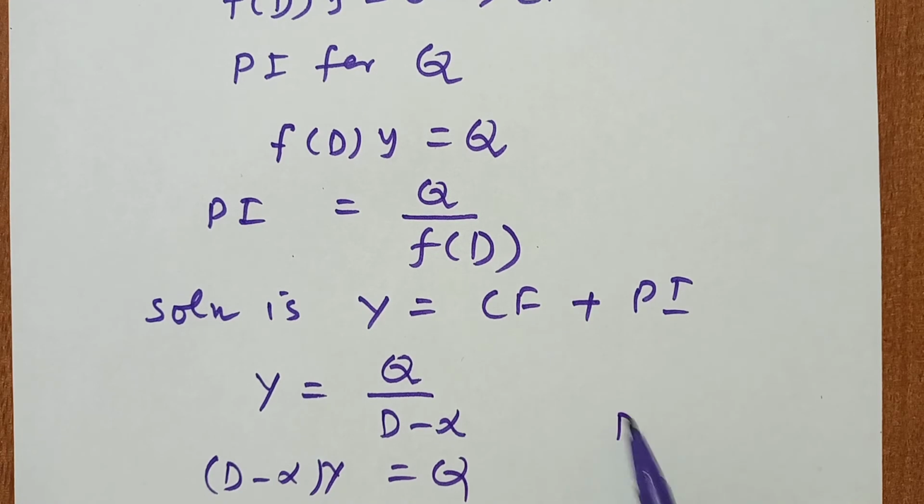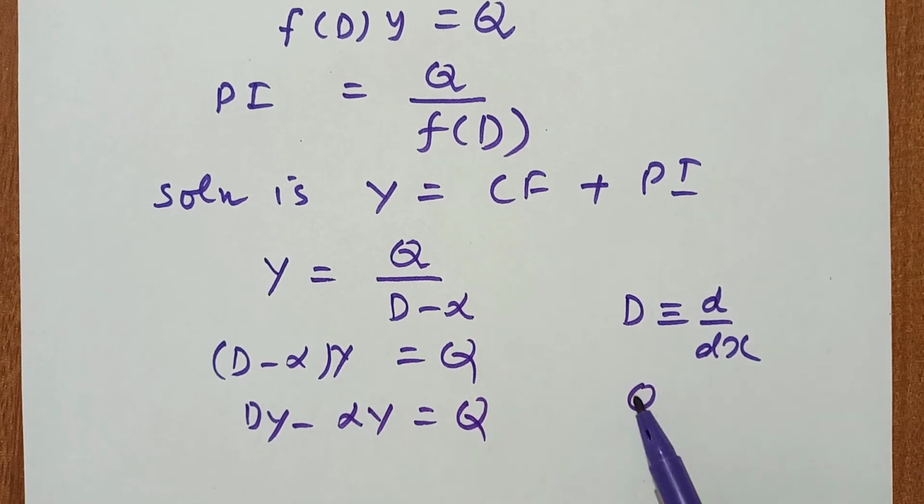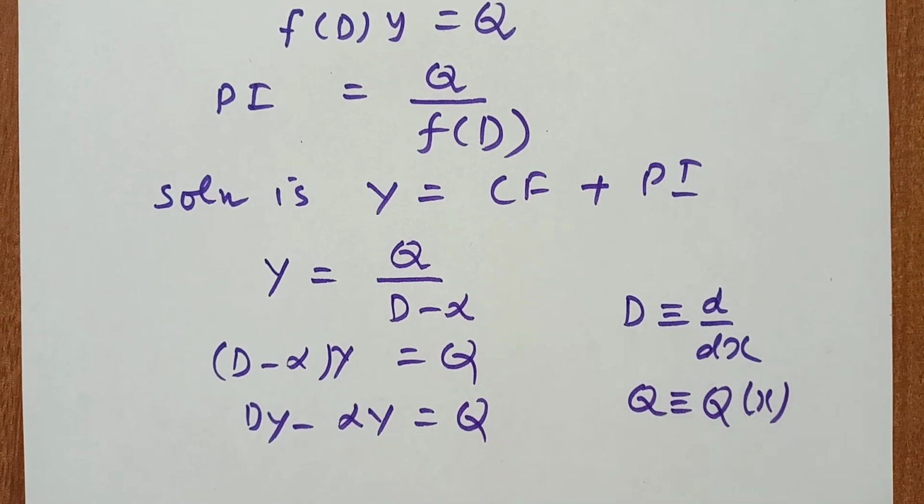As you know, capital D is nothing but d over dx. So this is very easy: Dy minus alpha y is equal to q. Also, you know q is a function of x. So this is dy by dx minus alpha y is equal to q.